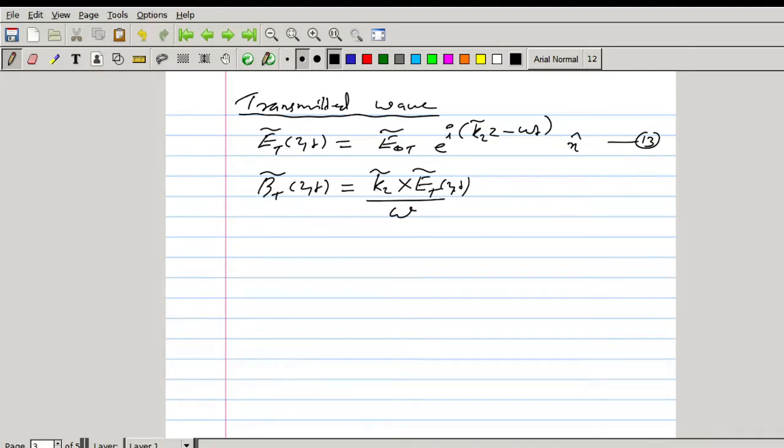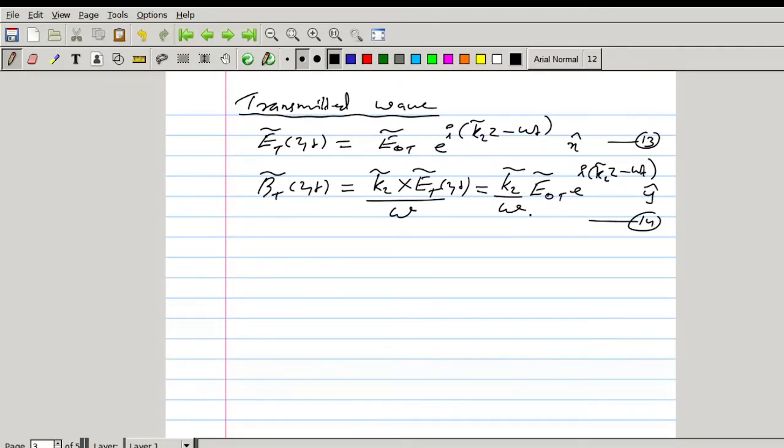K2 is along Z direction and ET is along X direction. So Z cross X will be Y direction. So this will be complex K2 by omega into E0T e raised to I K2 Z minus omega t into Y cap. This is equation number 14.